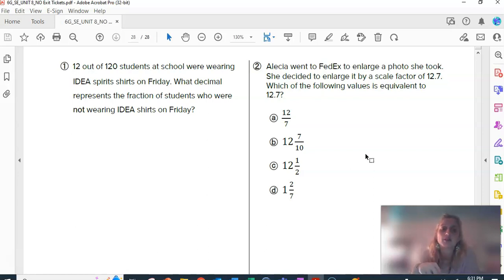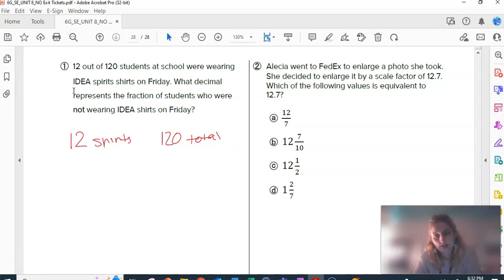So 12 out of 120 students at school were wearing Idea Spirit shirts on Friday. This means that 12 were wearing shirts out of 120 total students. I want a decimal that's going to represent the fraction of students who were not wearing Idea shirts.